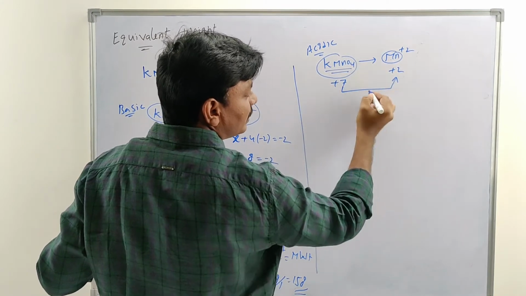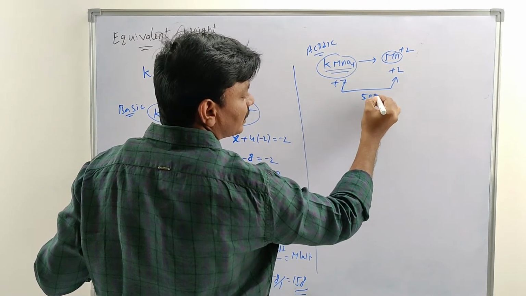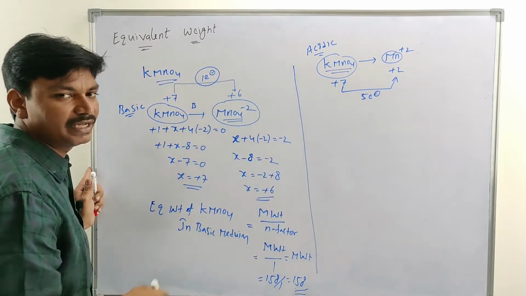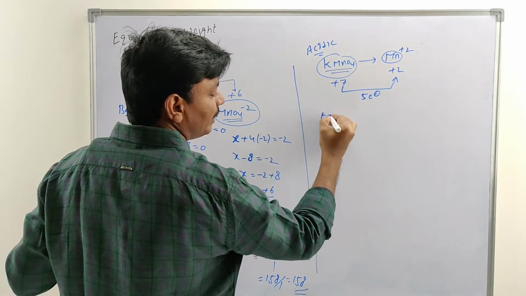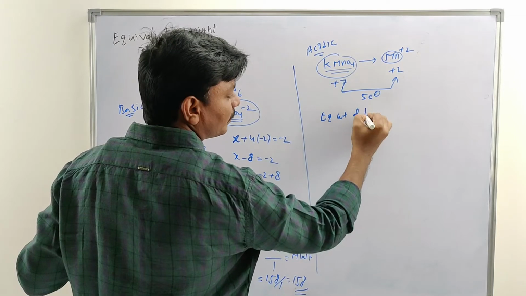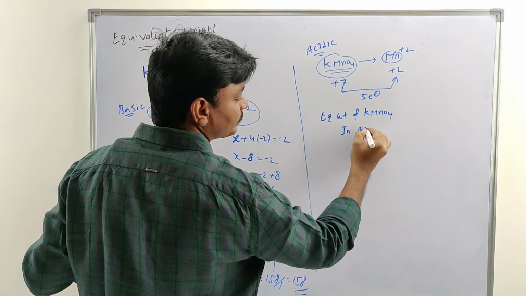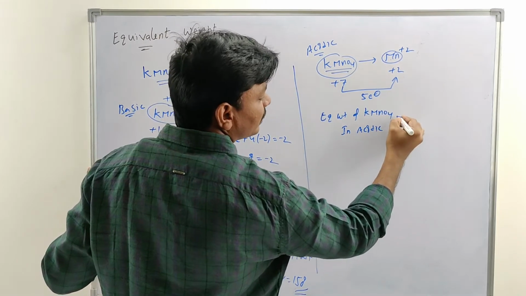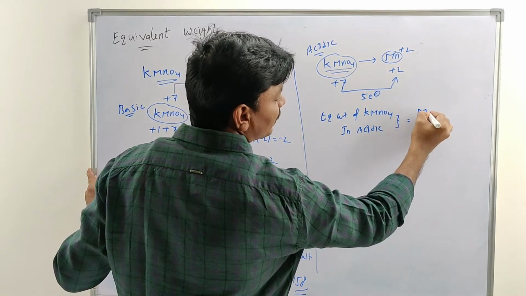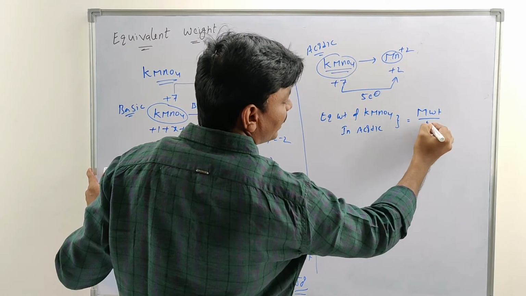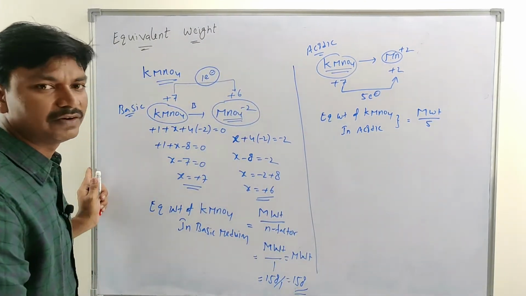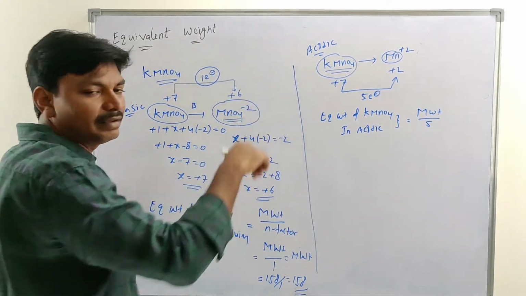The transfer of electrons in the given reaction is 5 electrons in acidic medium. Then the equivalent weight of KMnO4 in acidic medium equals the molecular weight of KMnO4 divided by 5. That is the n factor value of KMnO4 in acidic medium.